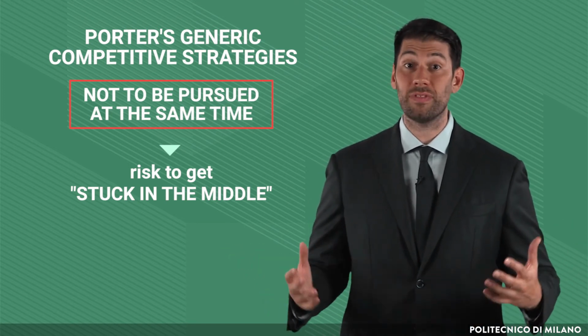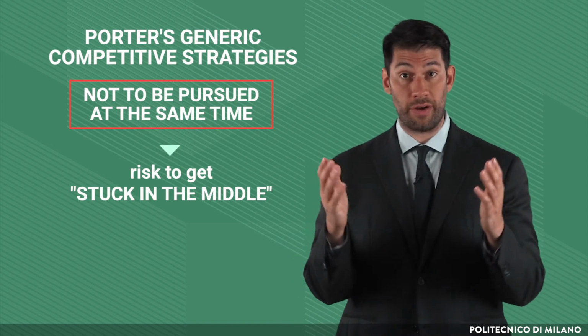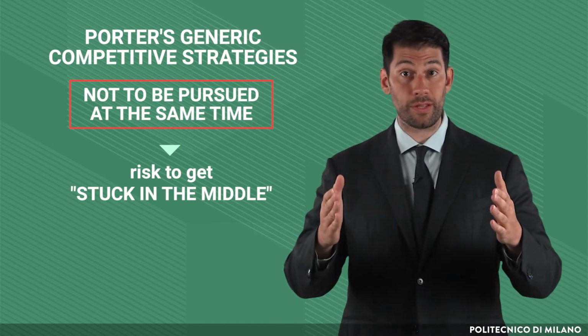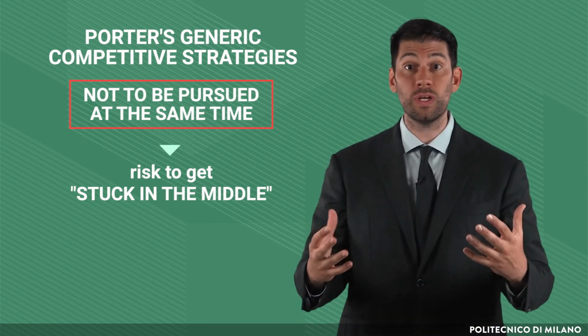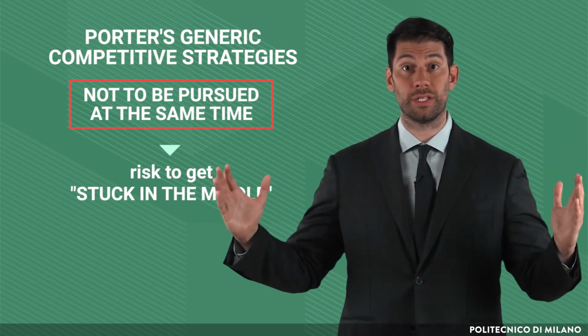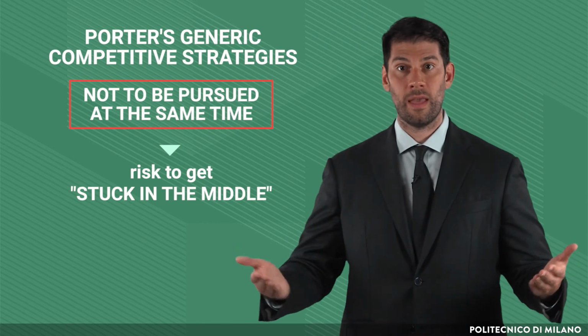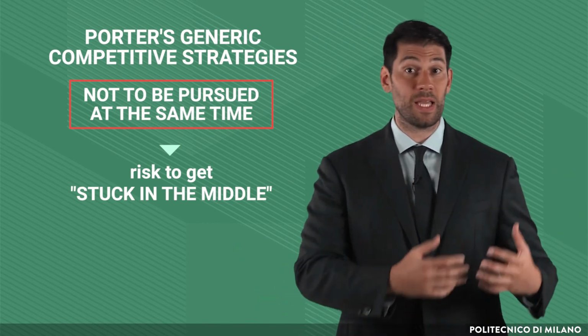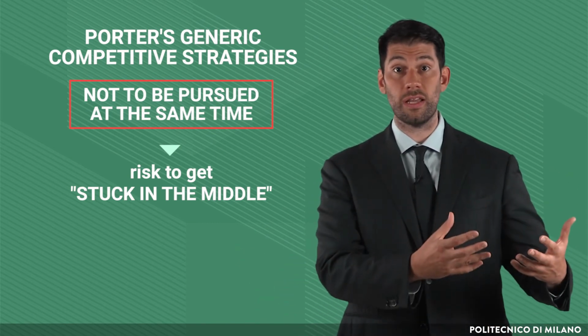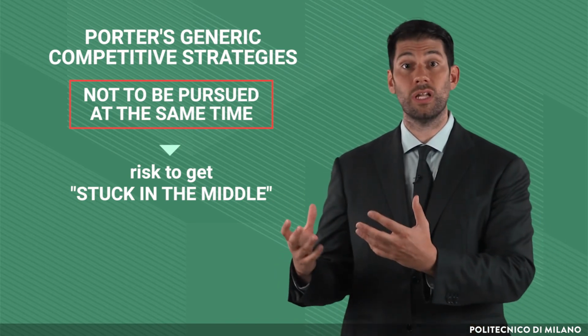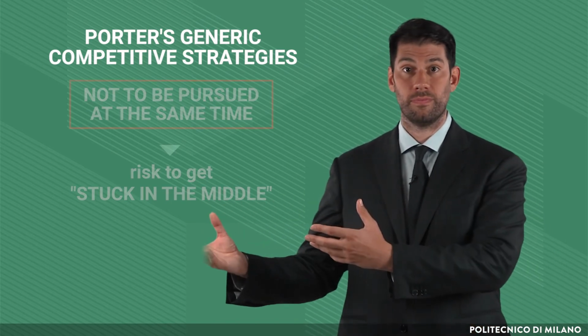A company will have to select a single generic strategy, and that choice will have to be consistent with the value chain structure and competitive drivers characterizing it. Cost leadership will then be based on delta efficiency and differentiation on delta effectiveness.